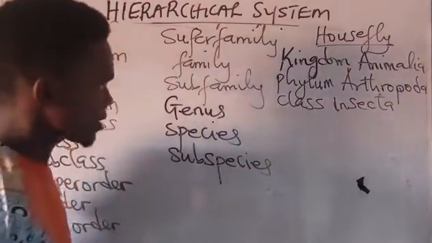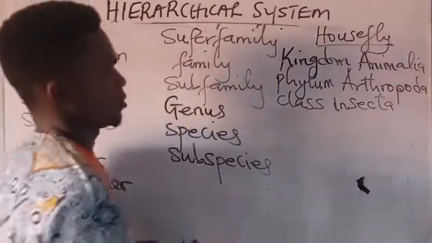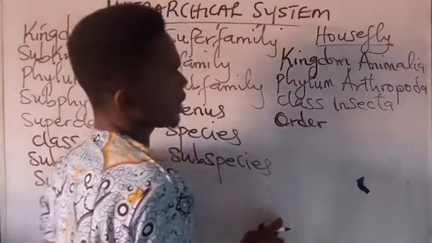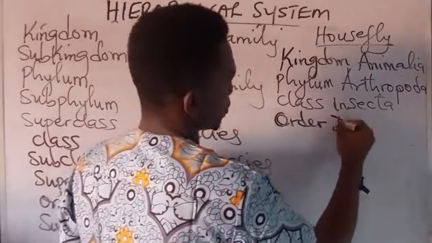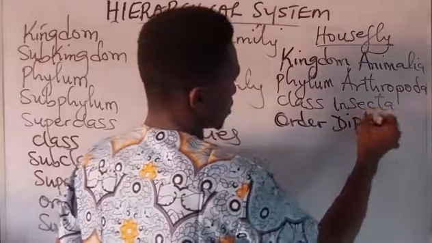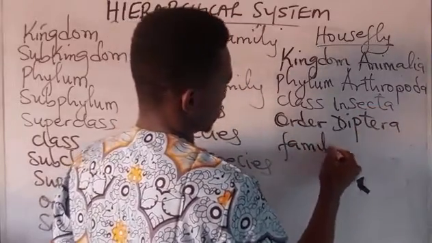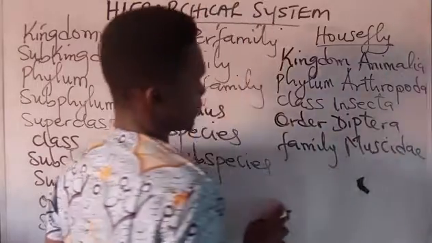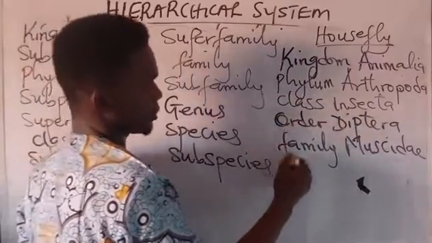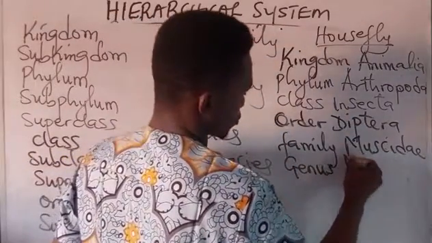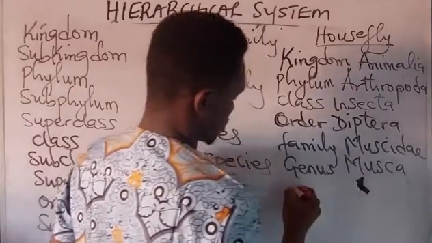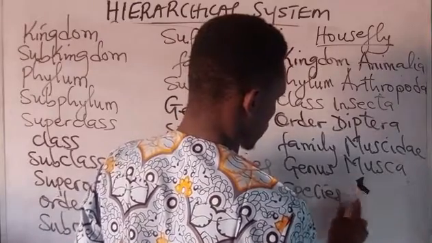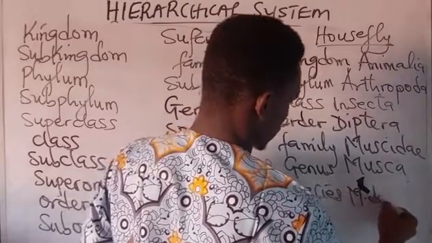Then order Diptera. Then family Muscidae. Genus Musca. Then species Musca domestica.